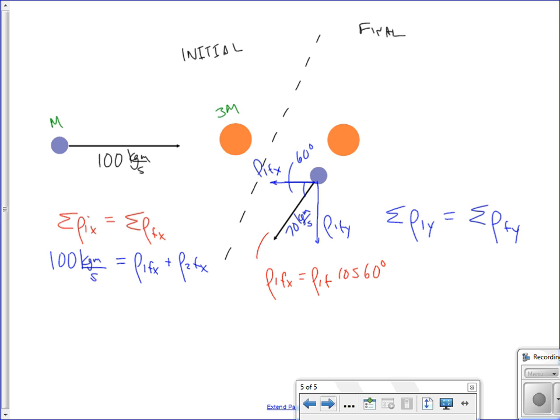Here's P1 final, here's P1 final x, the x component. Multiply by the cosine of the angle there. Okay with that? It's a vector component thing. So P1 final x is 35, but it's 35 to the left.